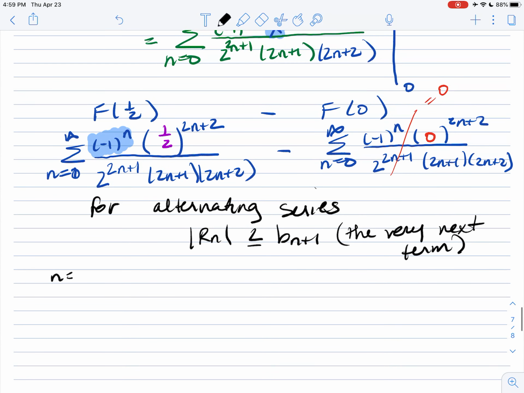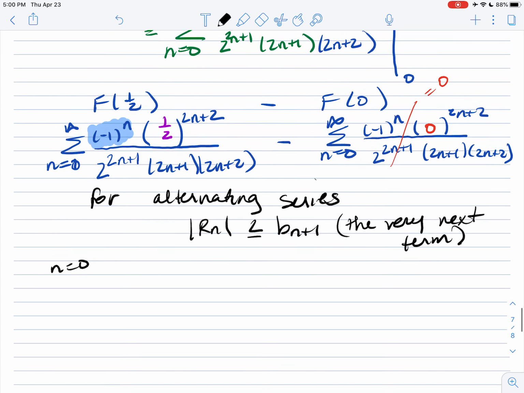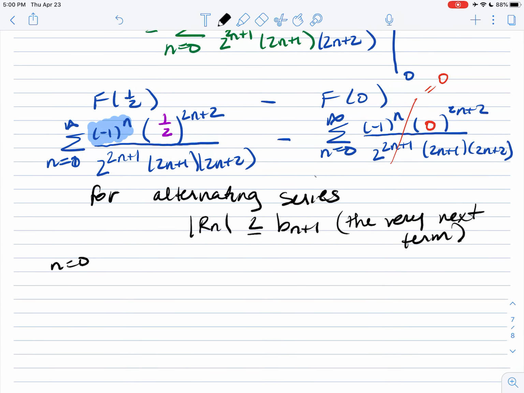So in just calculating the first couple terms here, I do see that for n equal to 0, we will have minus 1 to the 0, and then 1/2 to the, well, it might be worth it to actually write out what the summation is to simplify.